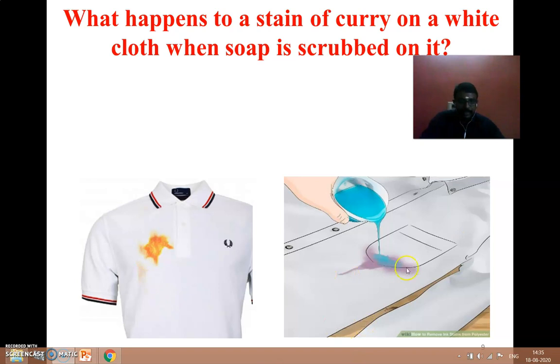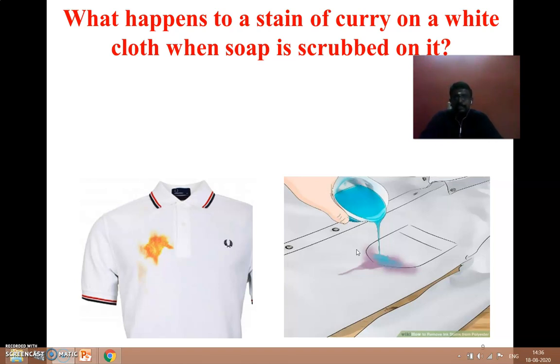When we apply soap, actually the soap is basic, that is sodium hydroxide or calcium hydroxide. These bases can be used in soap.